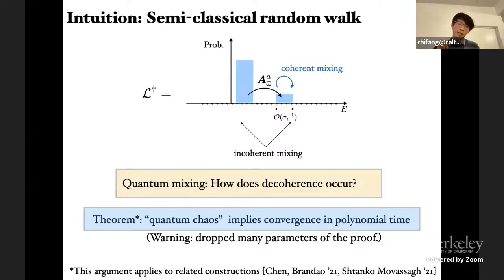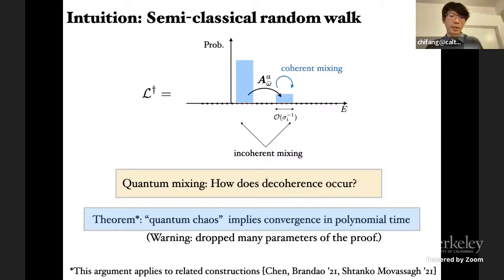At a very high level, if you want to prove thermalization, you want to understand how to get rid of this coherence, because in the end you want something that's a mixture on an energy basis. You have to break all entanglements. This doesn't seem easy to prove, and we're able to argue that this is possible in polynomial time, assuming a strong assumption from quantum chaos.